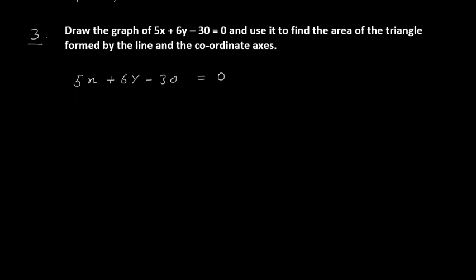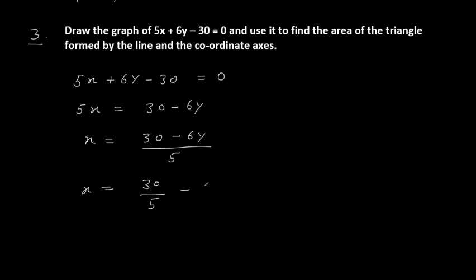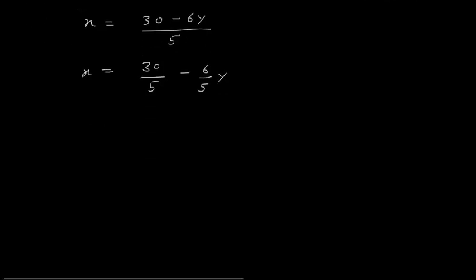If I rewrite this equation, I can write this as 5x equal to 30 minus 6y, and I can say that x is equals to 30 minus 6y whole divided by 5, which on simplification gives me 30 upon 5 minus 6 upon 5y. So 30 upon 5 is 6, since 5 sixes are 30. So 6 minus 6 upon 5y. This is the value of x.